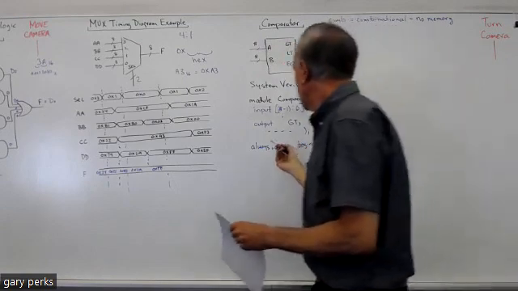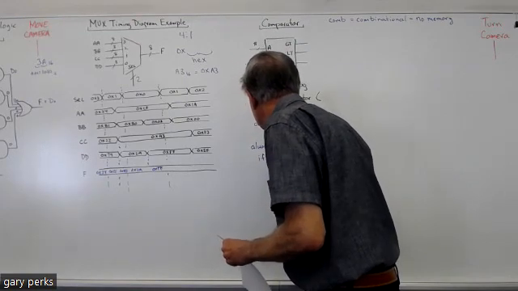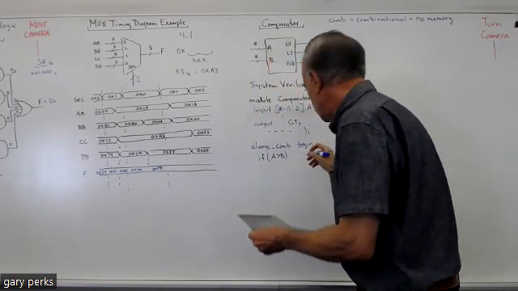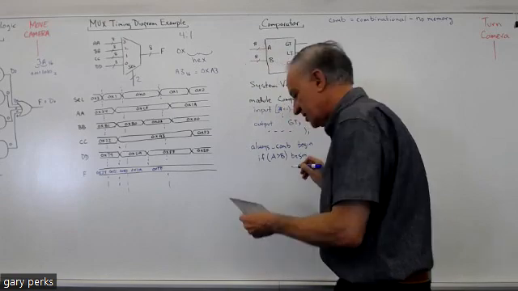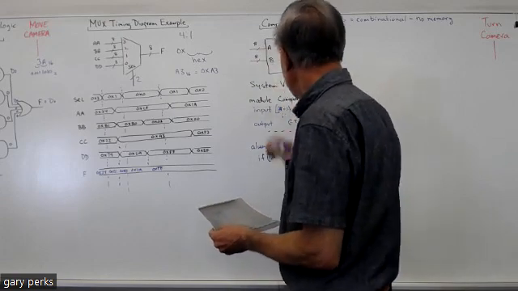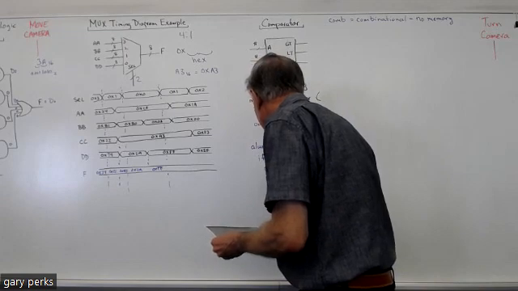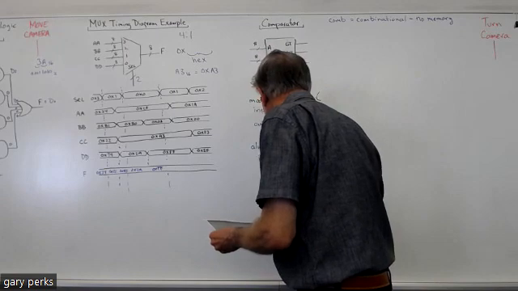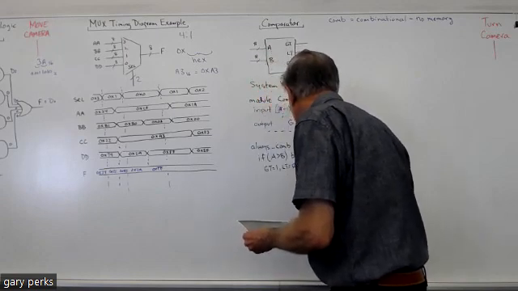Okay, so now comes the if statement. If A is greater than B, we need another begin. I'll explain this coming up. But if we have A greater than B, we're going to make output GT equal to 1, output LT equal to 0, and output EQ equal to 0.